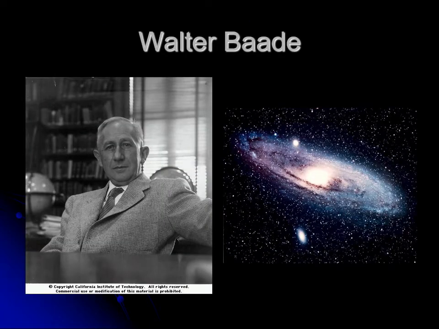Well, interesting story. Walter Baade comes along. Baade is an interesting person to talk about because he was measuring stars in the Andromeda Galaxy. And let me give you a little story about Baade. Baade was a German citizen.